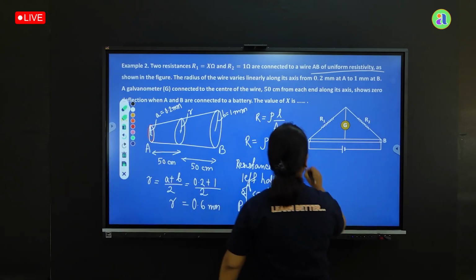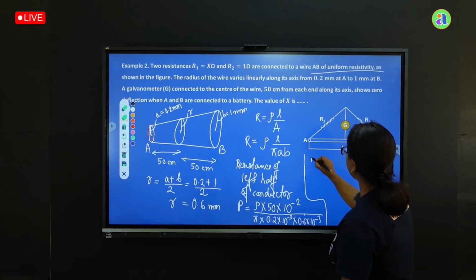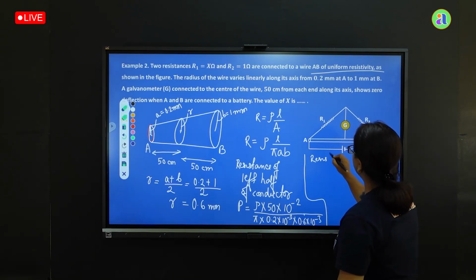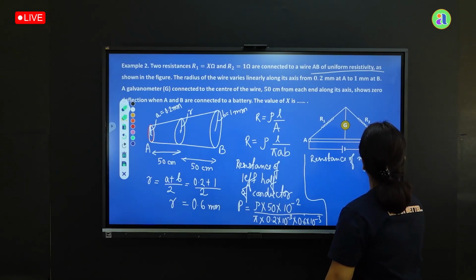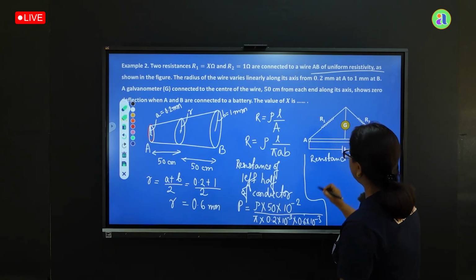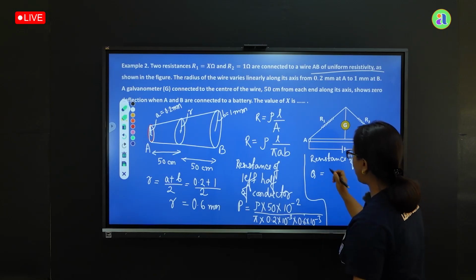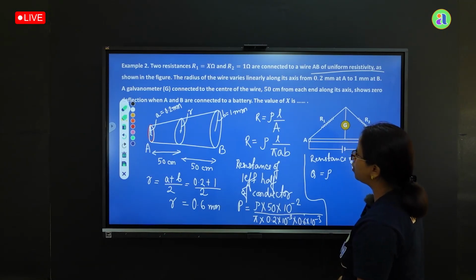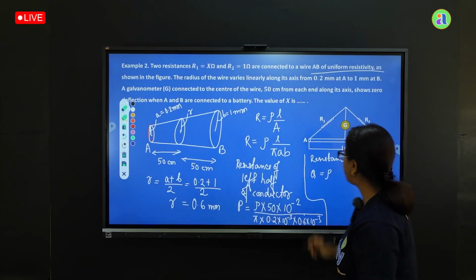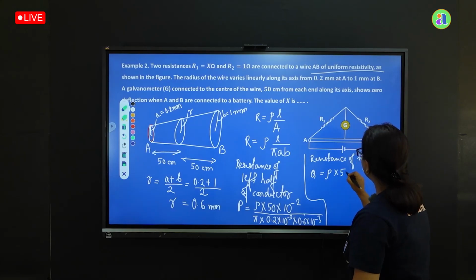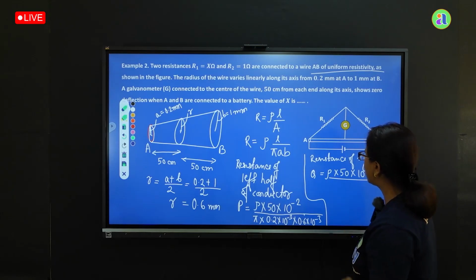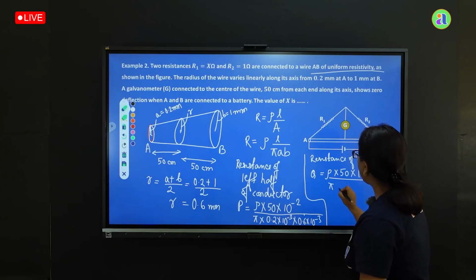Now looking at the resistance of the right half of the conductor, that is equal to Q, say. We have that as rho times L, and L is again the same, 50 centimeter, so 50 times 10 to the power minus 2 meters, by again pi AB.